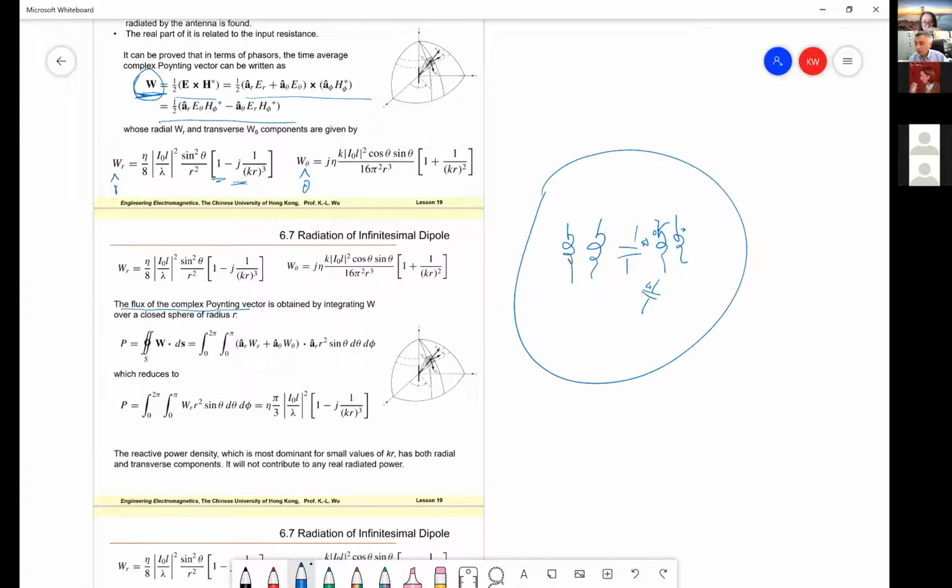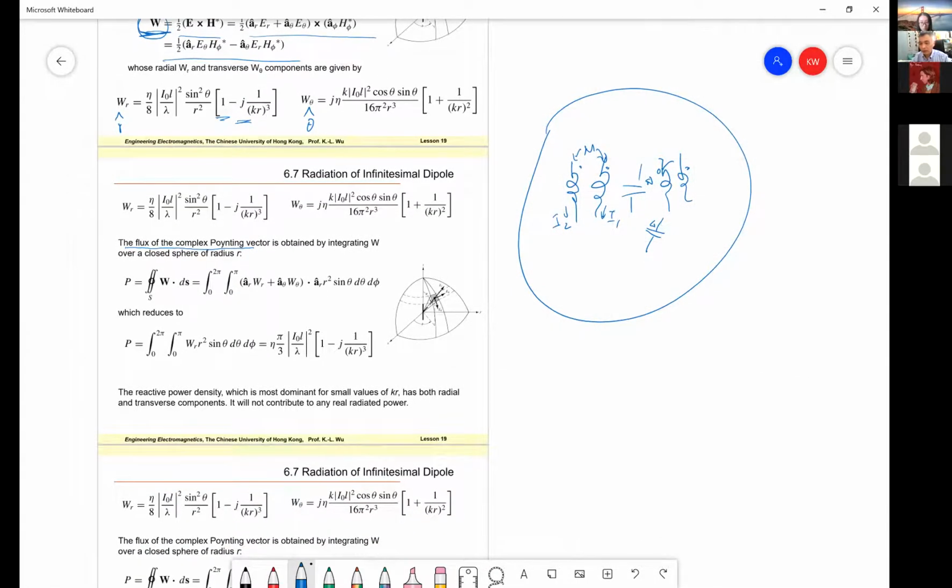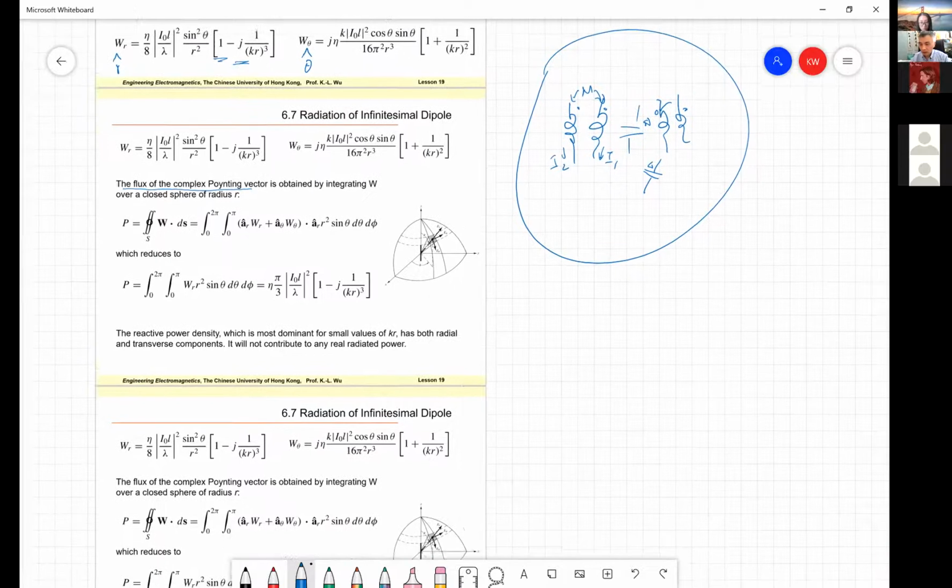If you put another inductor there, you have mutual coupling. If you have a current I1, then you get a current I2. This is an induced field, not a radiated field. Then we have the real part and the imaginary part, the outward.